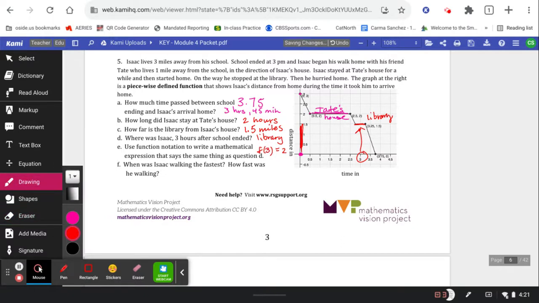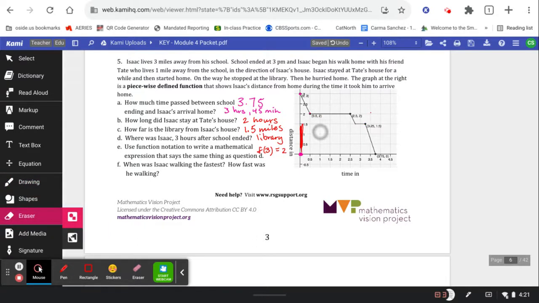When was Isaac walking the fastest, and how fast was he walking? So you're looking at this point for the steepest part of the graph, your steepest slope. So notice that this is going down 2 and over 1, and this one's going down about 3. This is down 1.5, sorry, each line is a half.